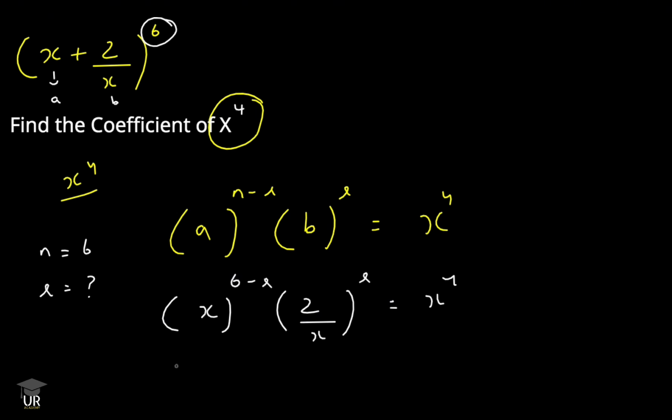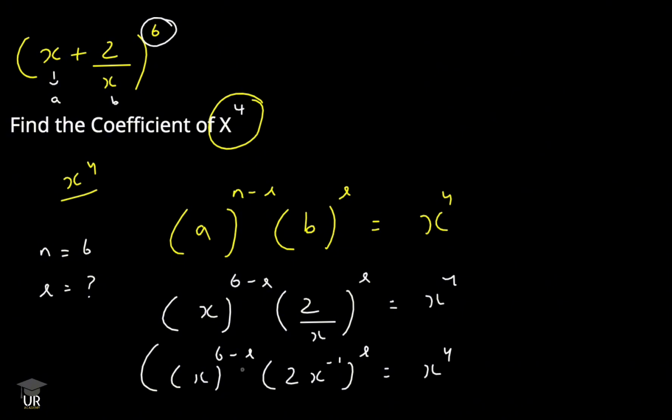Now note one thing, that here this will be x to the power 6 minus r, and we can also write this 2 upon x as 2x to the power minus 1, and then comes the power r, is equal to x to the power 4.